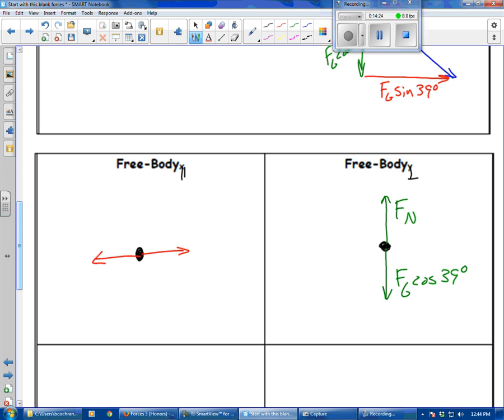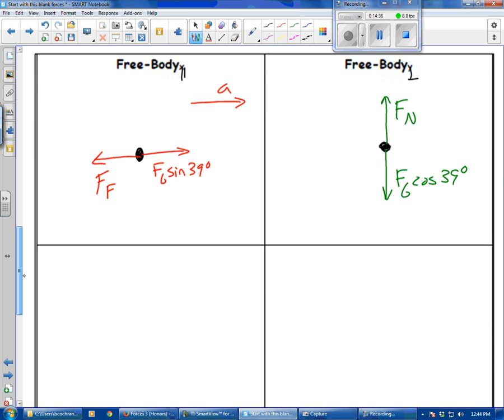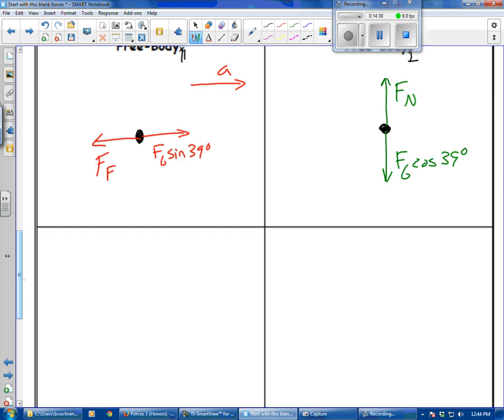Horizontally, we also have two forces and an acceleration. We've got FG sine 39 degrees and frictional force. So those are our two free bodies.